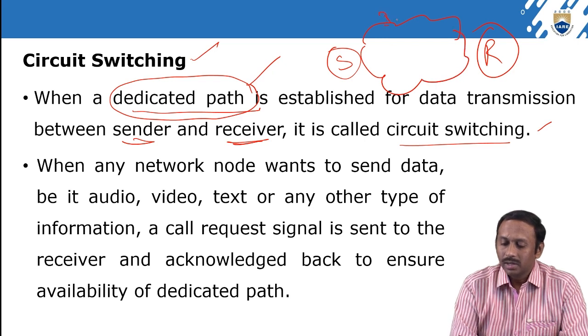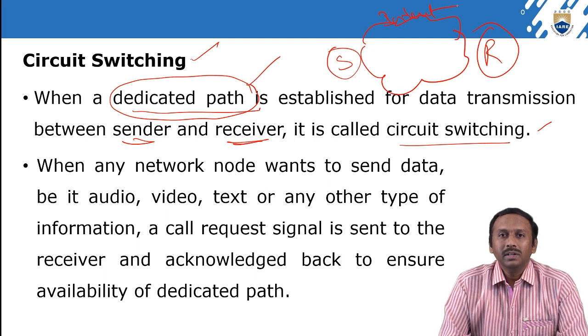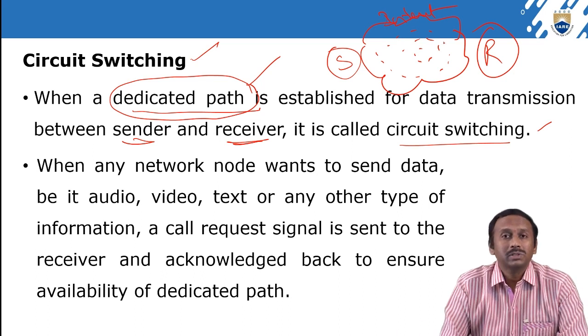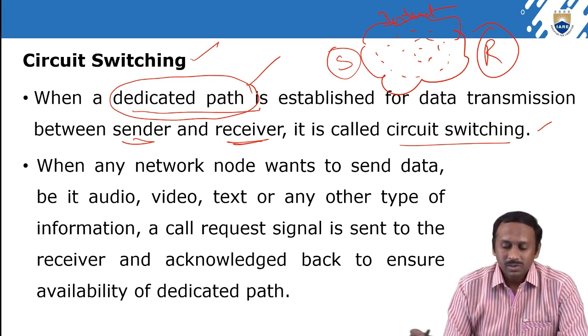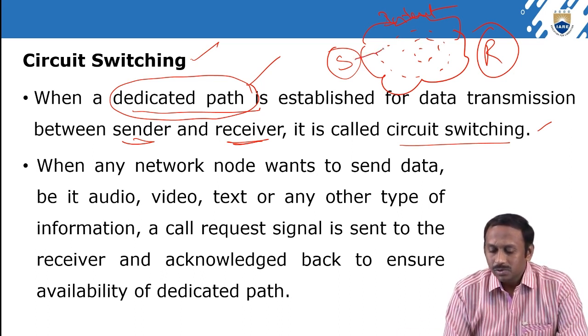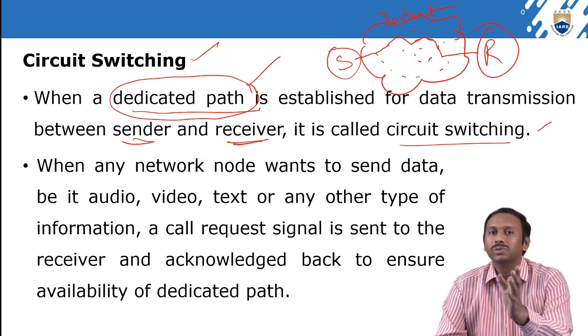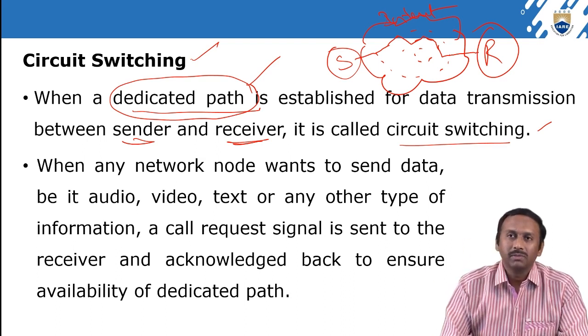Assume that this is the internet. We know that the internet has n number of networks interconnected. From source to destination, assume that this is one dedicated path from sender to receiver.